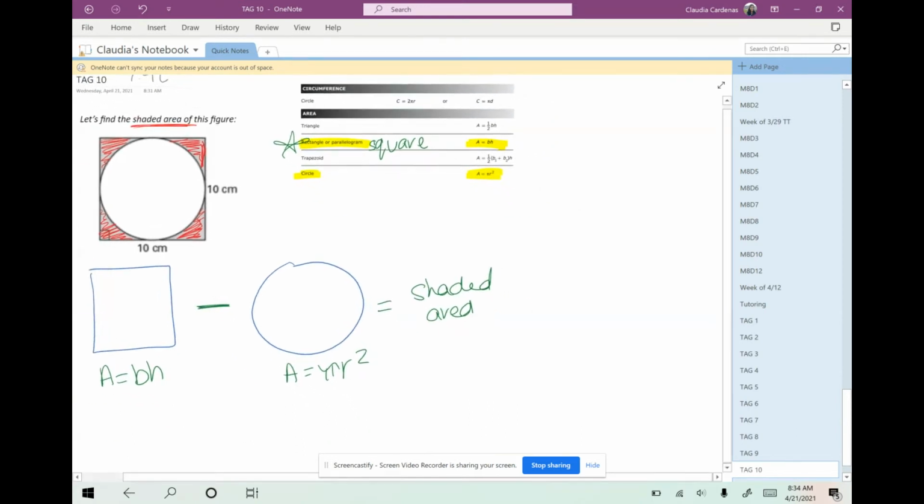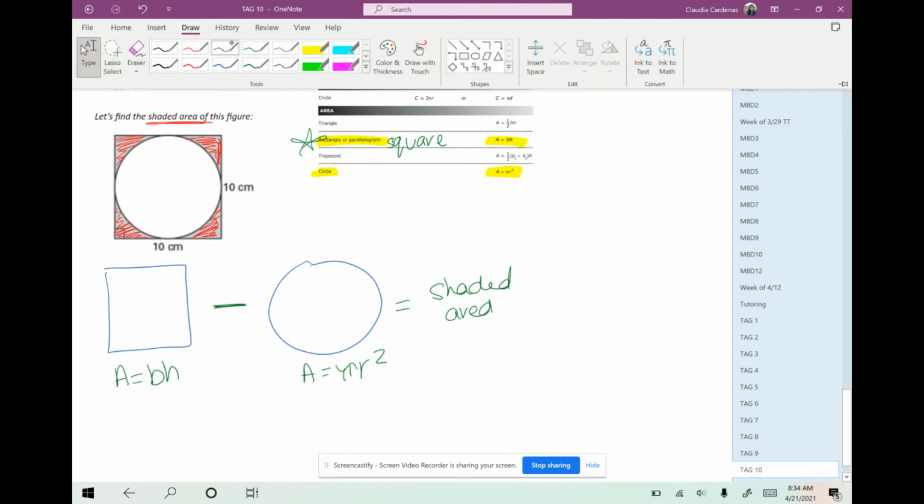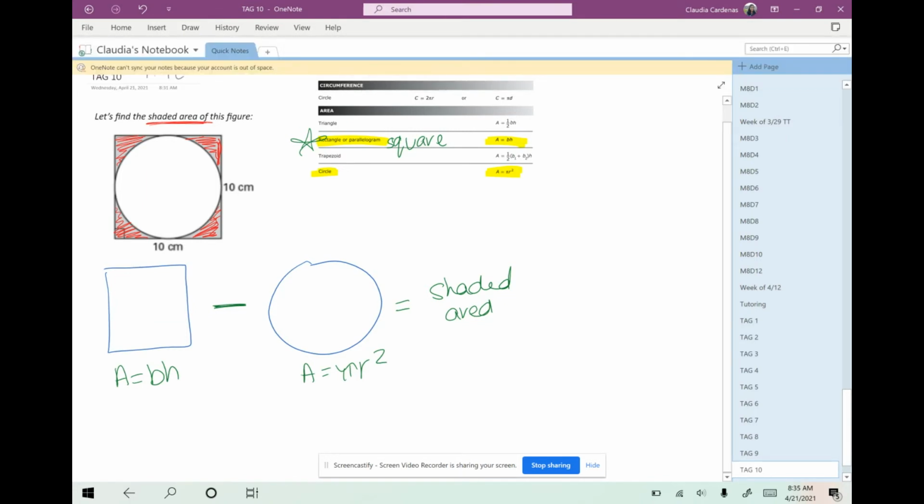Okay, so now our plan looks very similar to yesterday, except with subtraction. So everything else, we can go ahead and follow how we did yesterday by filling in our formulas with the values from our diagram. So our base and height of our square is 10 centimeters. So I can substitute that in here.